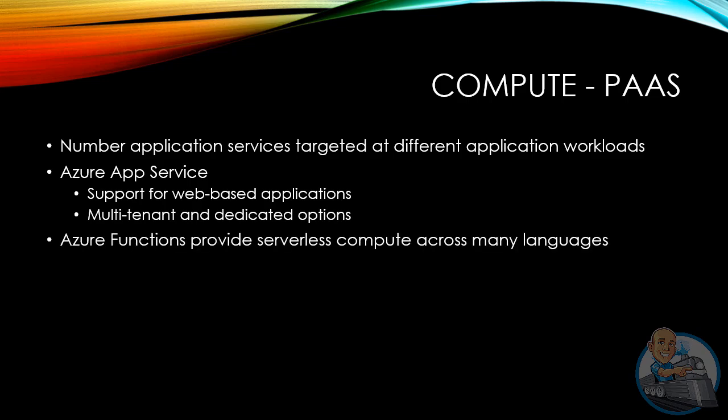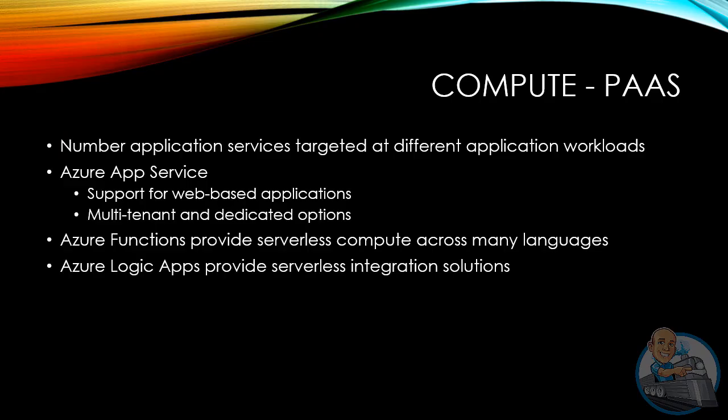There's Azure Functions. This gives me serverless compute across a large number of languages: C#, Java, Python, many more. This would be Lambda on AWS. There are things like Azure Logic Apps.